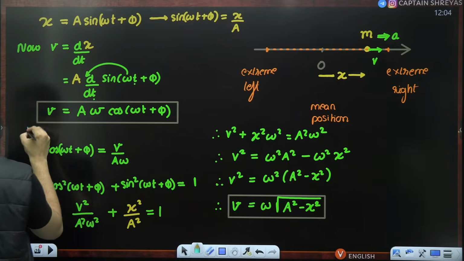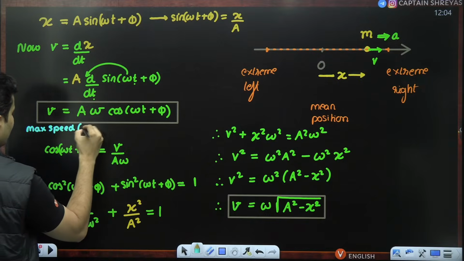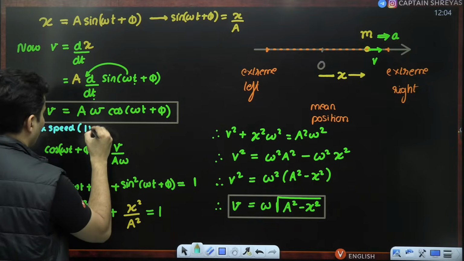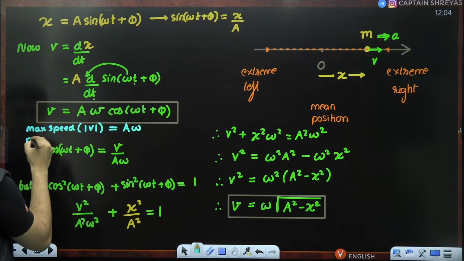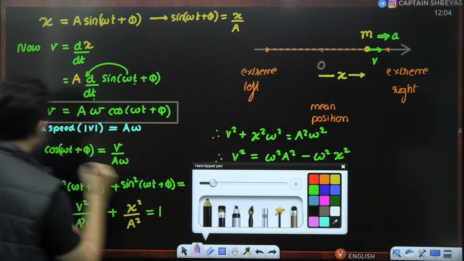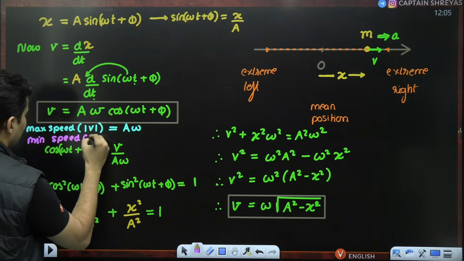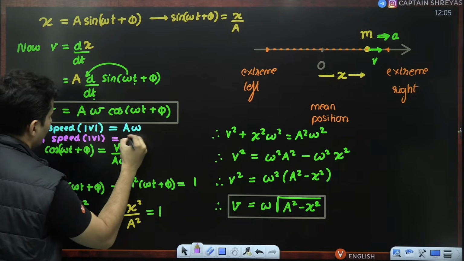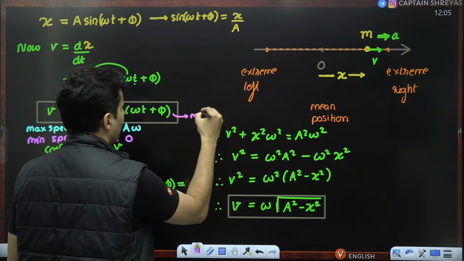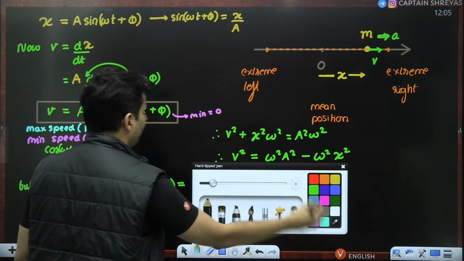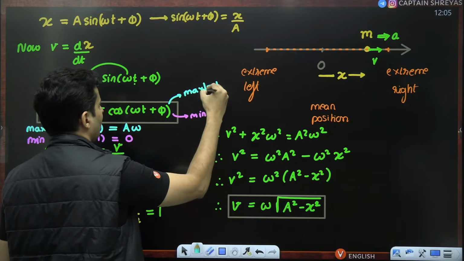Hence, you will see that the maximum speed, which means the modulus of the velocity, is going to be a times omega, and the minimum speed of the particle, modulus of the velocity, is going to be a big fat 0, because the minimum value of cos is 0 and the maximum magnitude of the cos is 1.